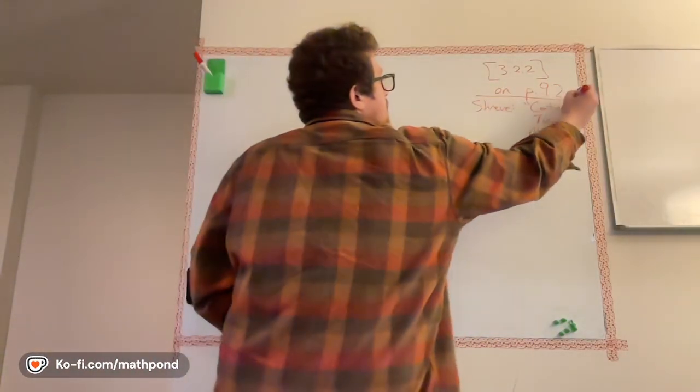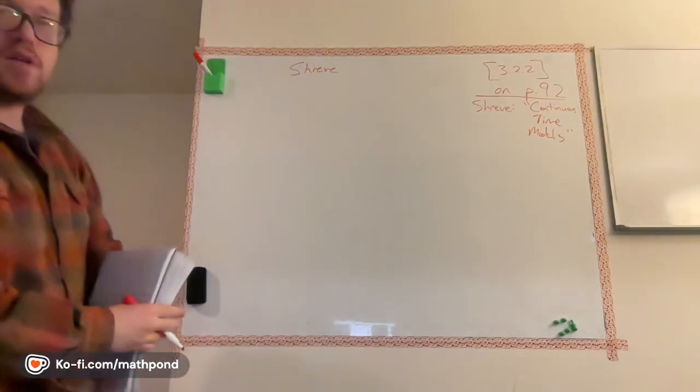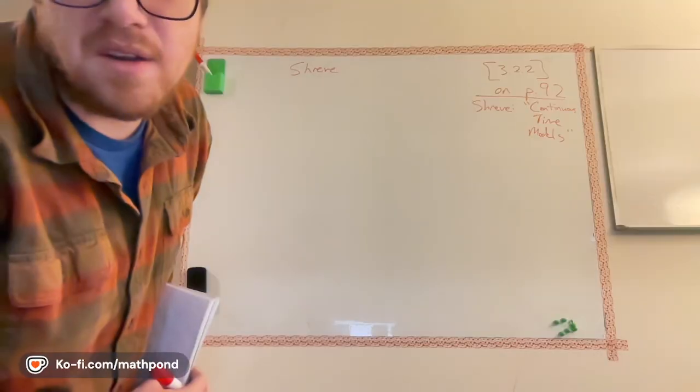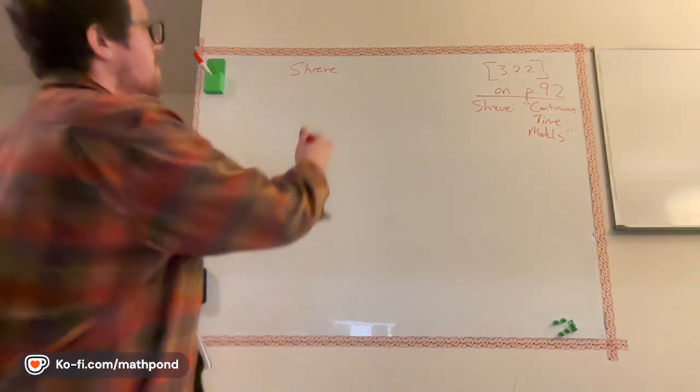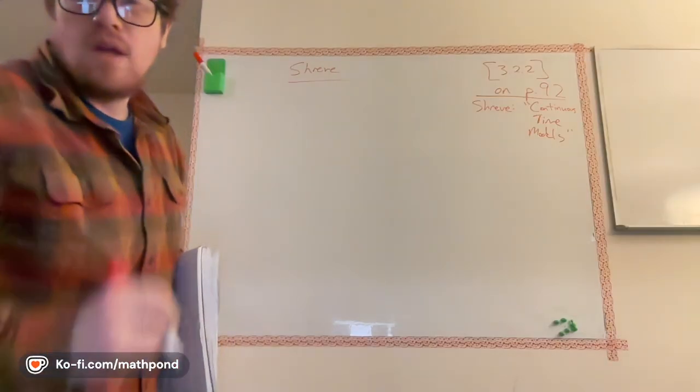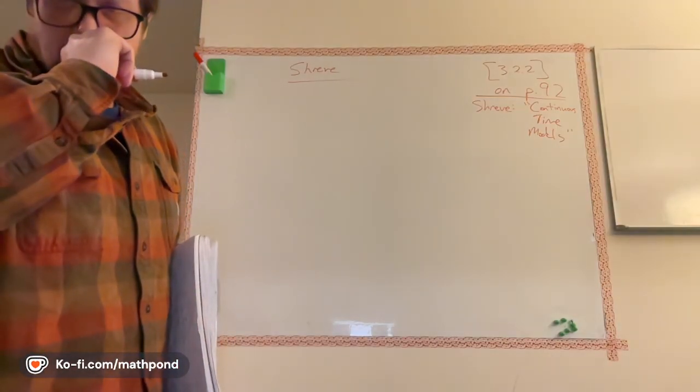Okay, this is page 92, 3.2.2, and the full statement is that, for the limit of this binomial model, we had it last time, right?